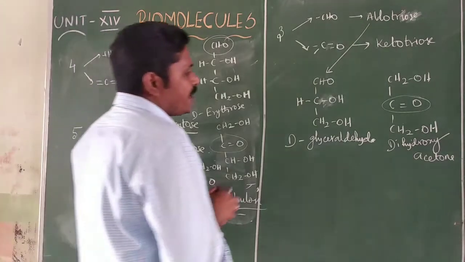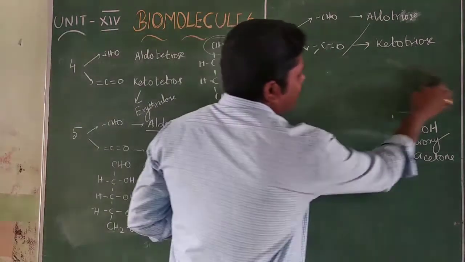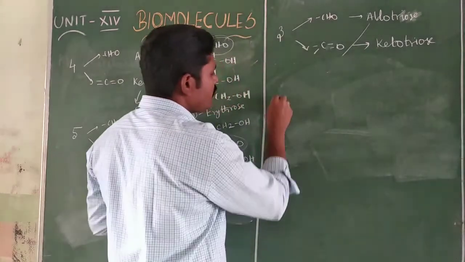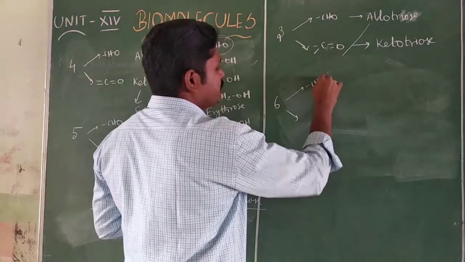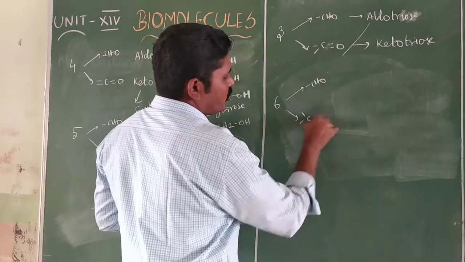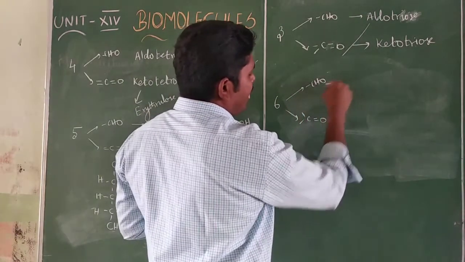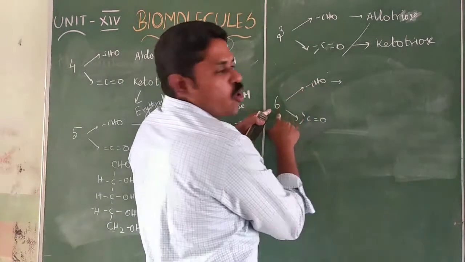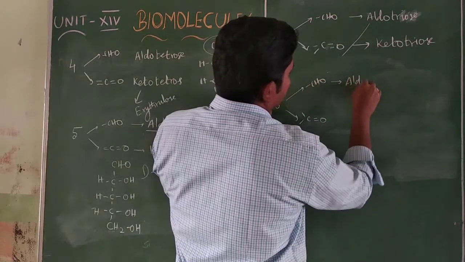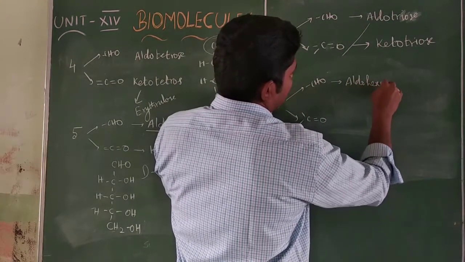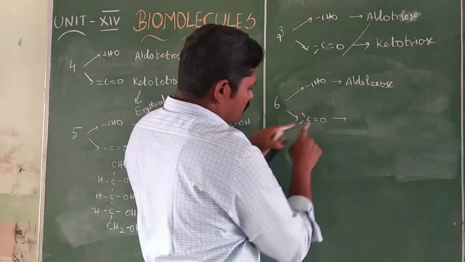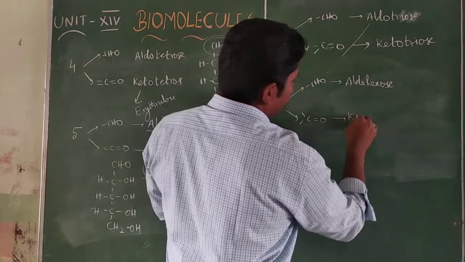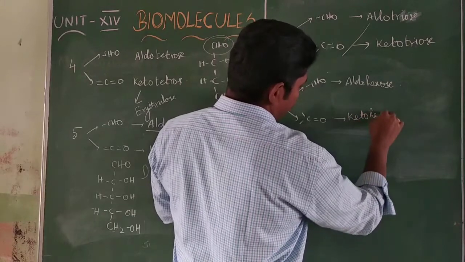And the number of carbon atoms is 6. With 6 carbons, if the functional group is an aldehyde, it is an aldohexose. If the functional group is a ketone, it is a ketohexose.